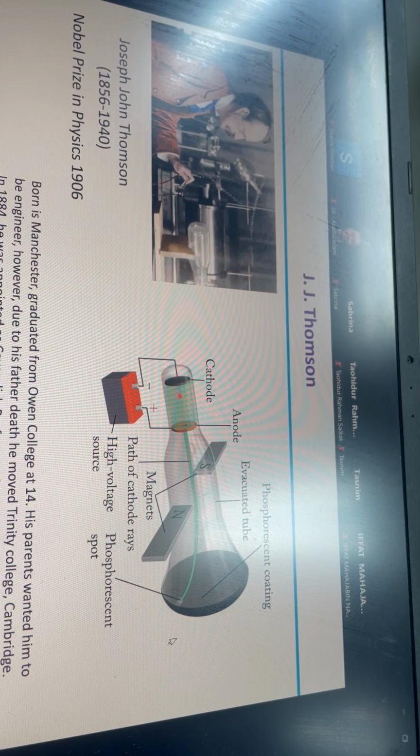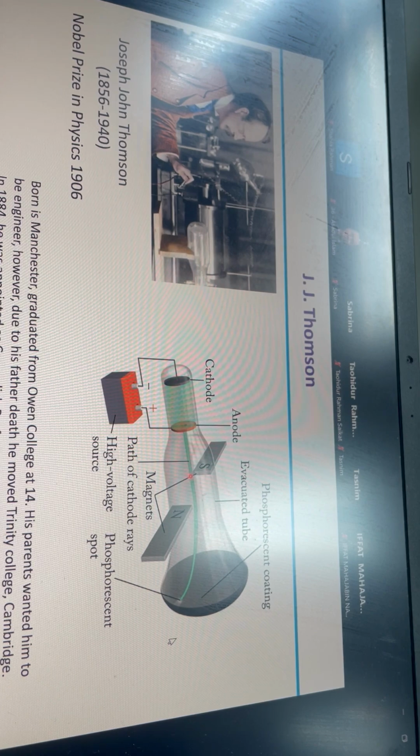Then he saw that some particles of light were coming from the cathode, and that way the cathode ray was discovered, and eventually he saw that this cathode ray turned toward the positive side of the magnet. So that way he knew that this particle is negatively charged, and then he named it electron.